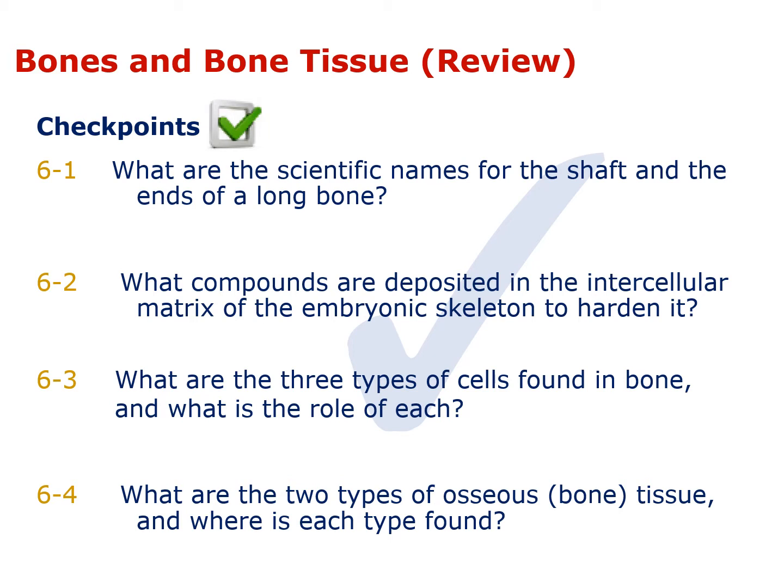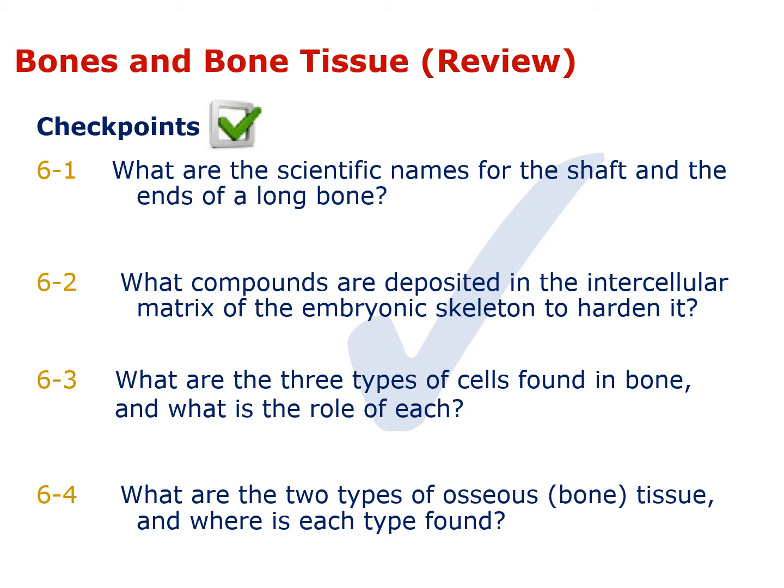Yes. Okay. What are the three types of cells found in bone that we are concerned with? Osteoblasts, osteocytes, and osteoclasts. All right. What do osteocytes do? Maintain. What do osteoblasts do? Build. And osteoclasts? Break down.